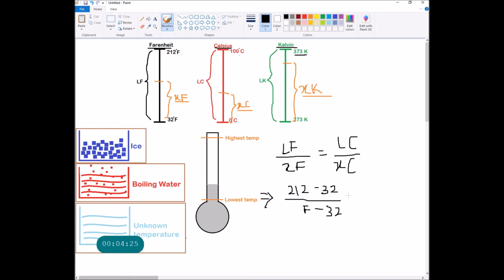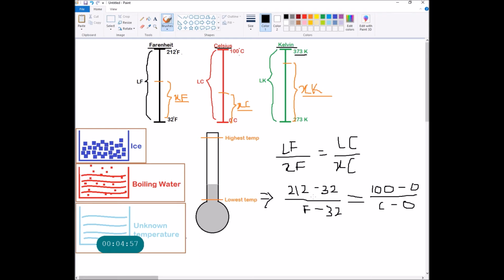Now this will always be equal to the difference between the highest and the lowest temperature on the other side, such as on the Celsius scale where the highest temperature is 100 minus 0, divided by, let's call this C in this numerical, C minus 0. So the ratio of LF by XF is always equal to LC by XC.